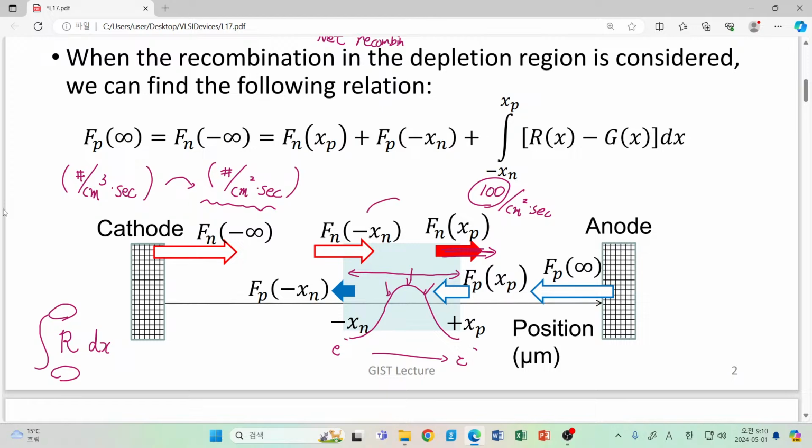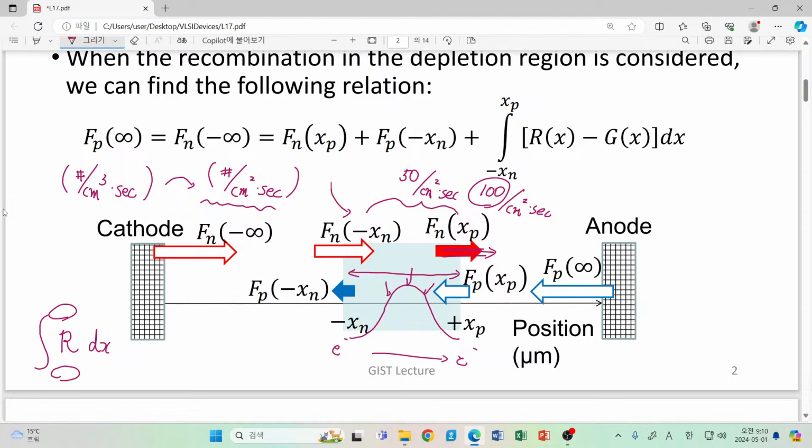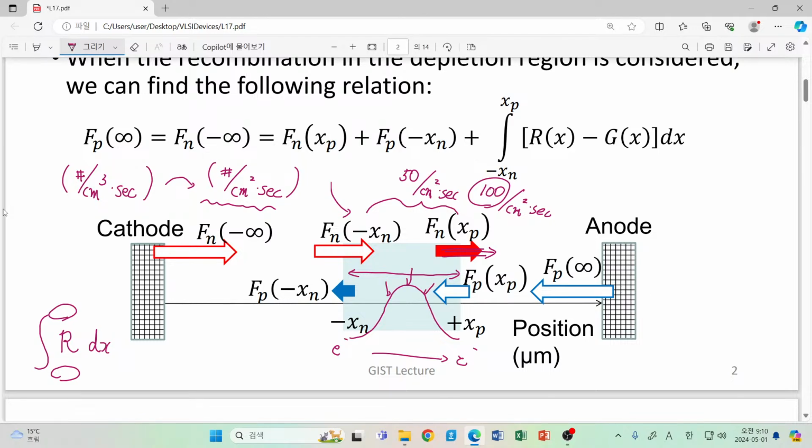And let's assume that inside this system, for example, this is just an example, these numbers are not relevant, we have 50 electrons per unit area and unit second disappearing. Then my question is, what will be the injection flux measured at this point? Everybody can assume that that should be just 150. Okay.